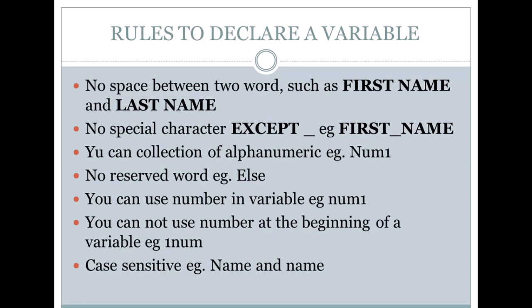In computer language we call it alphanumeric, where you combine alphabets with numbers together. So you can actually do that in Python while declaring variables.